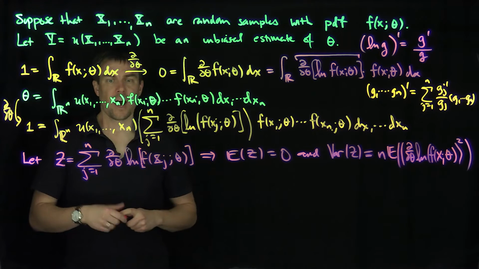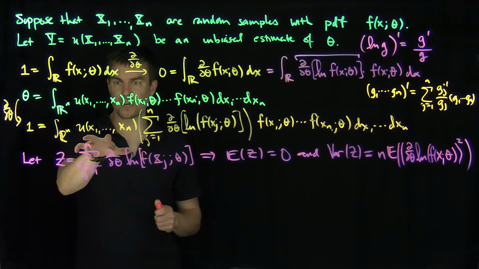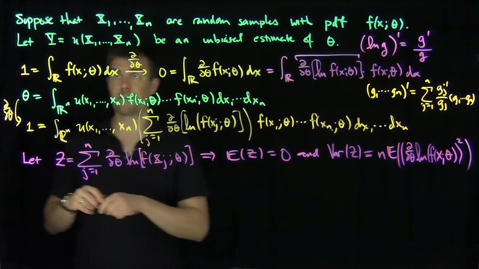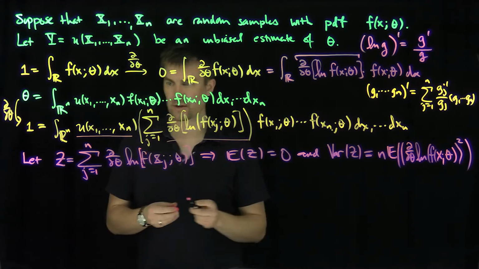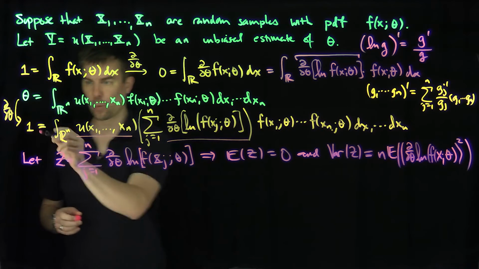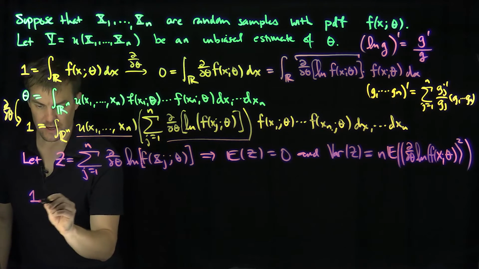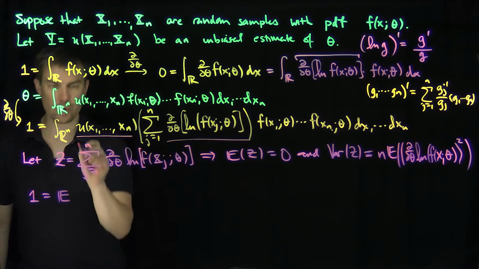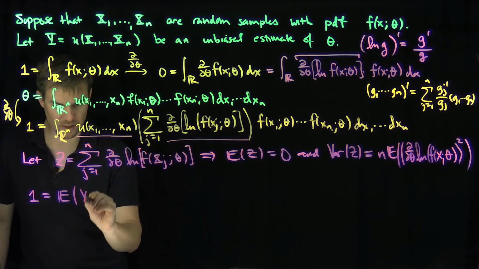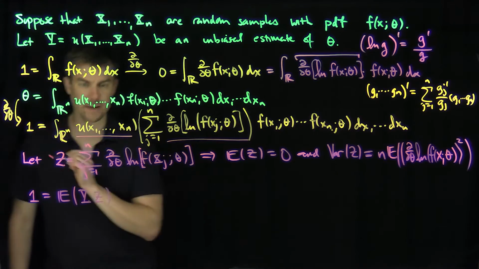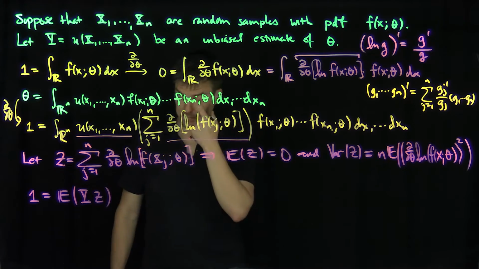Now, what can we say? I also have a relationship between the variable y over here, that's my variable y, and that's my variable z with respect to the distribution. So this expression over here tells me that 1 is equal to the expected value of y times the variable z. Excellent.